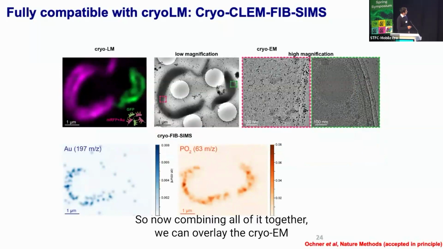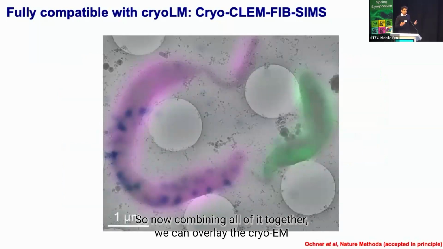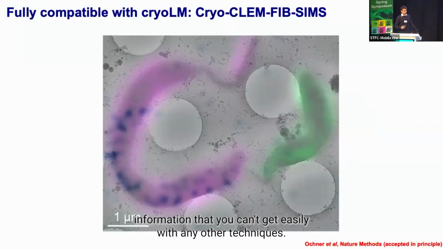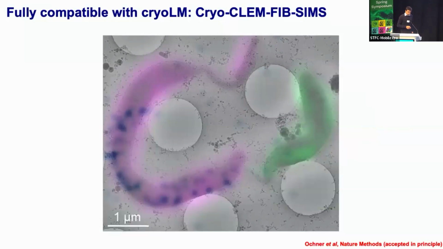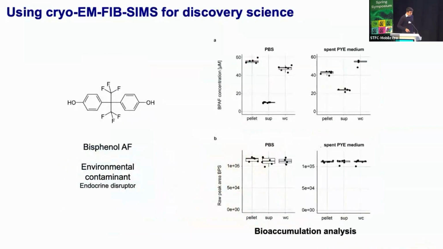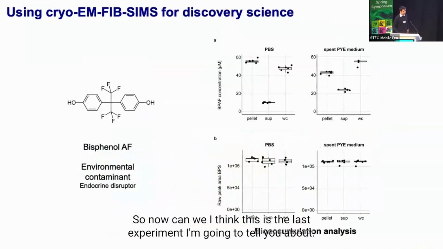So now, combining all of it together, we can overlay the cryo-EM with the light microscopy and the FIB-SIMS, to get very powerful multidimensional information that you can't get easily with any other technique. So this is the full workflow we have developed.